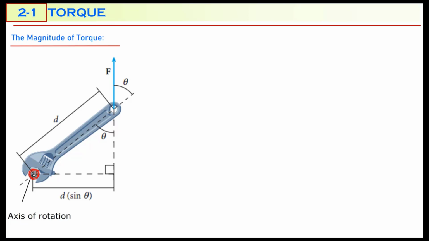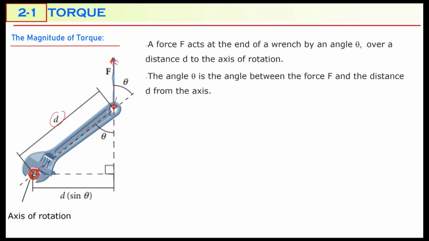Of course, you are going to apply some force in here. This blue line is representing the force applied by your hand. This force is applied at a distance to the axis of rotation. This distance is represented by d. And a force F acts at the end of the wrench in here, but by an angle of theta over a distance d.